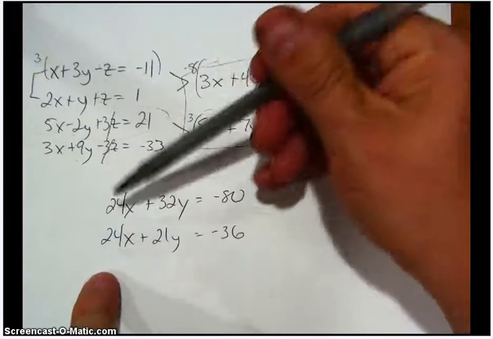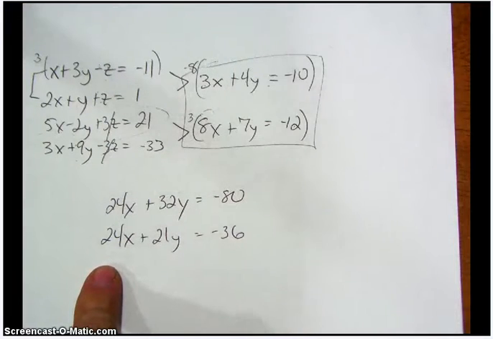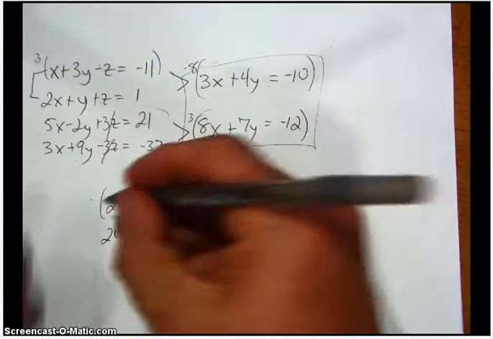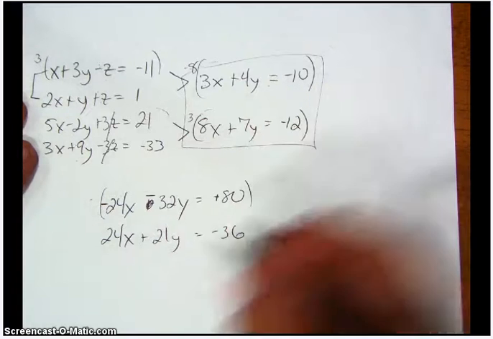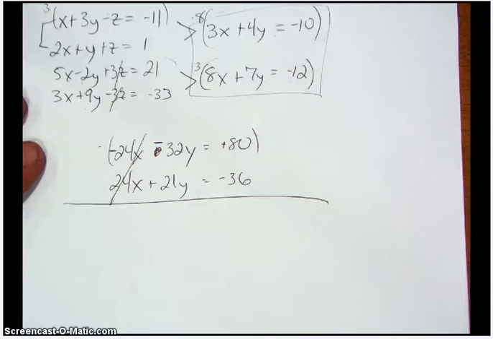Now if I add them, it's not going to eliminate, so I have to make one of these negative. Let's take the top and multiply by negative. So this becomes negative, negative, positive, and now that eliminates, so the x goes to 0.